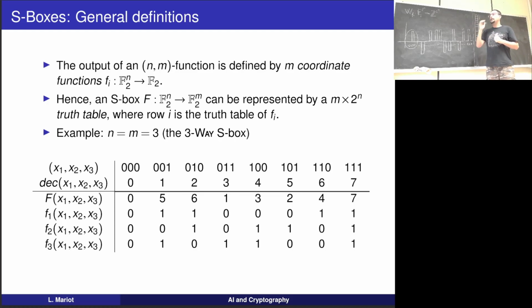Another important property of Sboxes are component functions, because these are used to define their cryptographic properties. Component functions are linear combinations of coordinate functions. The idea is quite simple. Instead of considering a single coordinate function, which is a Boolean function, we consider a combination of them, or even just one of them, which would still be a coordinate function, but basically we are computing the XOR of different coordinate functions.